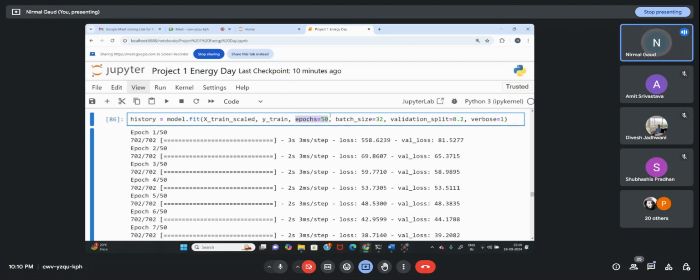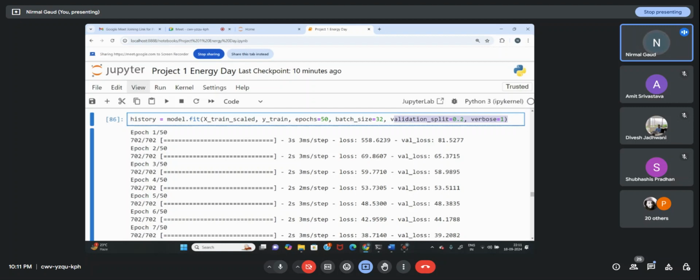Validation split 0.2 means I'm taking a part of the data from the training to validate my model during training only, to check whether the working of the model is going correctly and whether it is showing a good score.